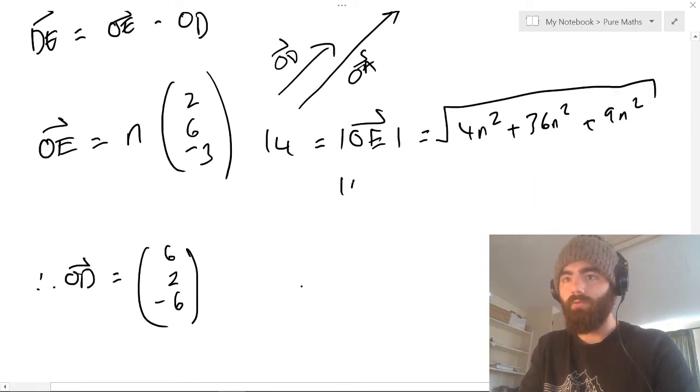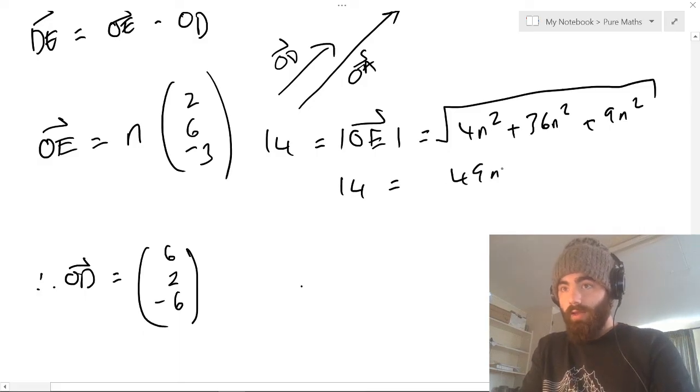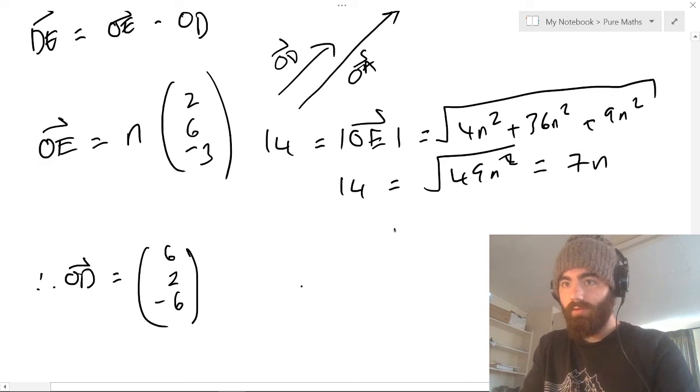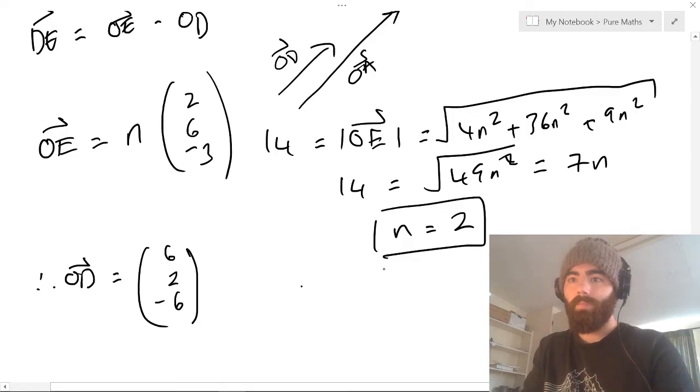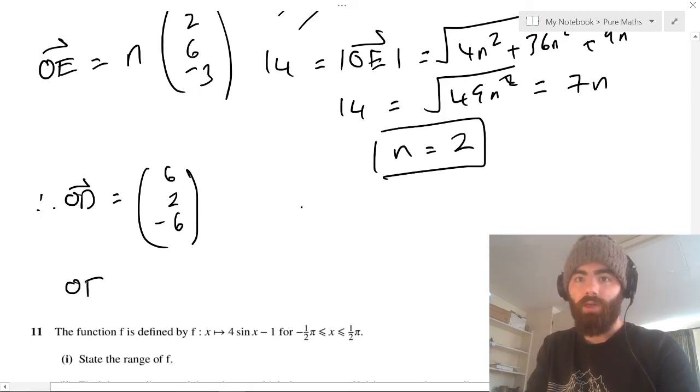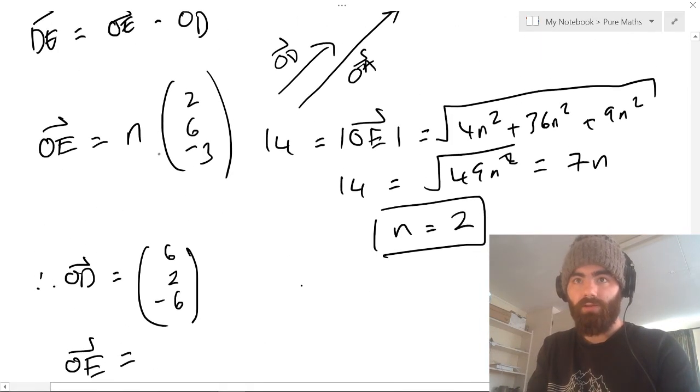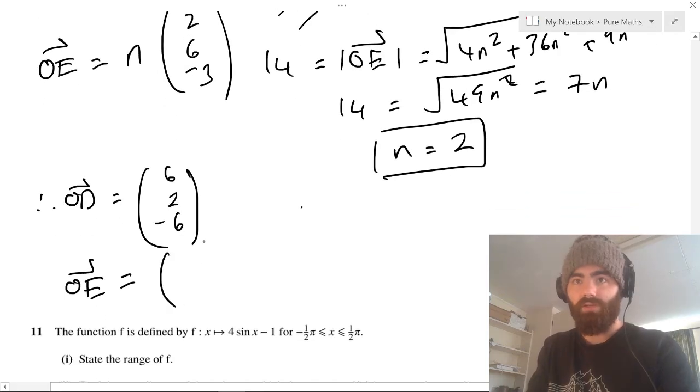So therefore we get 14 equals the square root of 49n squared, which equals 7n. So n equals 2 for this case. So therefore OE is going to equal 2 times this, which is 4, 12, minus 6.